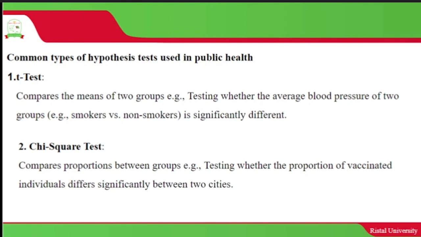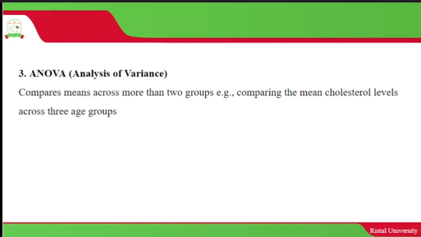And as simple as that. And lastly, we have the ANOVA test, which compares means across more than two groups. For example, comparing the mean cholesterol levels across 3 age groups.